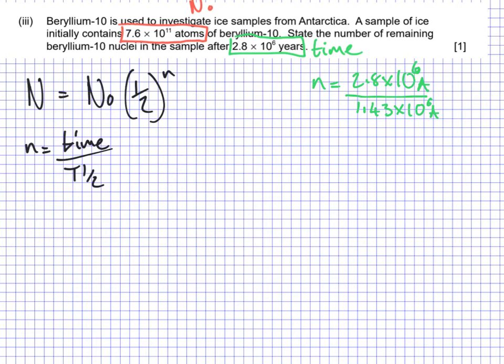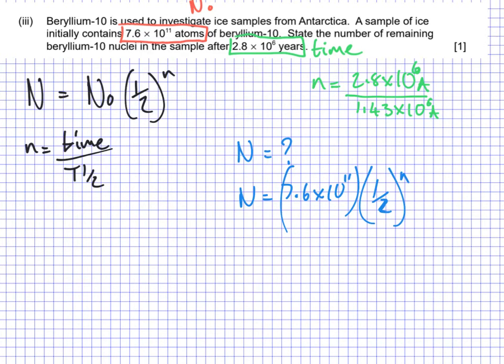How much is left? I'm looking for N. That's what I'm trying to find. And so I know that N is the original amount, which is my 7.6 times 10 to the 11. That's the number of nuclei in that original sample, multiplied by the half, 0.5, to the exponent n.